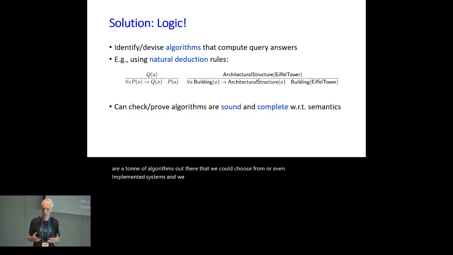Luckily, we don't have to do it ourselves, because some logician has already proven to us that this algorithm is completely correct. It's guaranteed to produce all and only the correct answers to our query. So we don't have to worry about that. If we want to implement it ourselves, we just have to worry about correctly implementing it. But typically somebody already implemented it, so we can even just go with that.